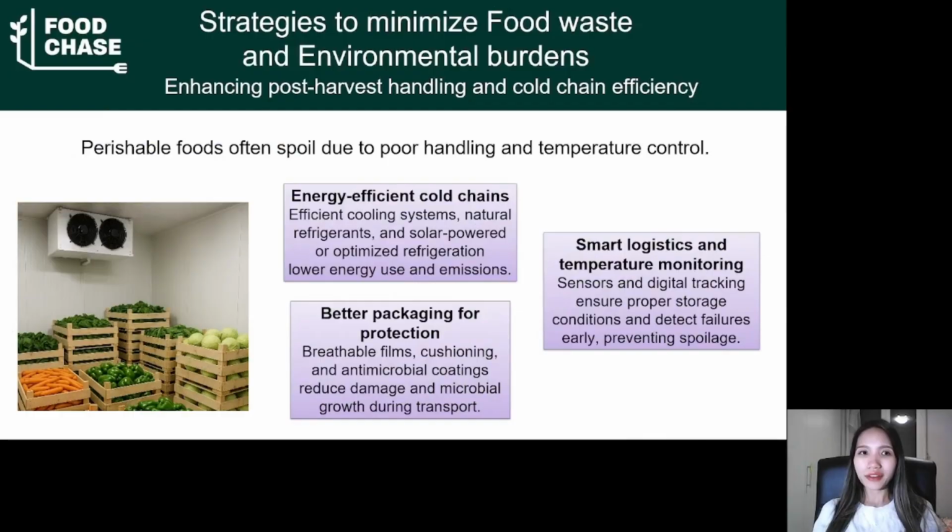After the harvest, if the storage condition is inappropriate, the perishable food can spoil. So the cold chain storage is necessary, but it can also generate emissions. We can use an energy efficient cold chain like efficient cooling systems, natural refrigerants, and solar power or optimized refrigeration that lower energy use and emissions.